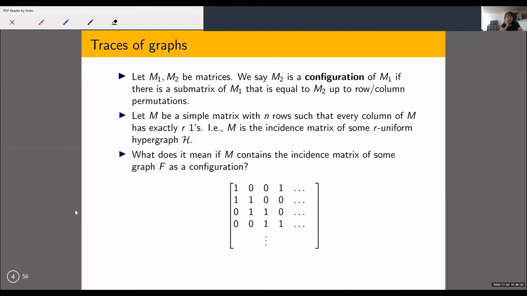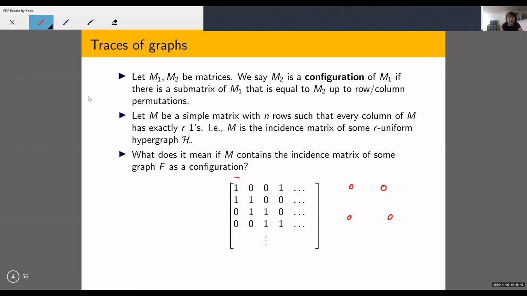Okay, so what we're going to talk about today is what it means if we have some configuration which is an incidence matrix, in this case of a graph. For instance, here I have the incidence matrix of C4. In the corresponding hypergraph, I have 4 vertices, V1, V2, V3, V4.